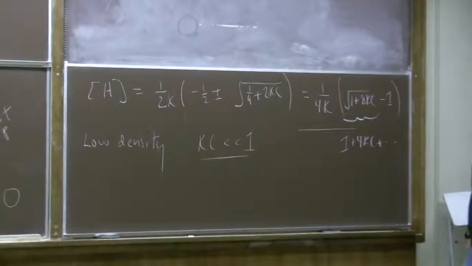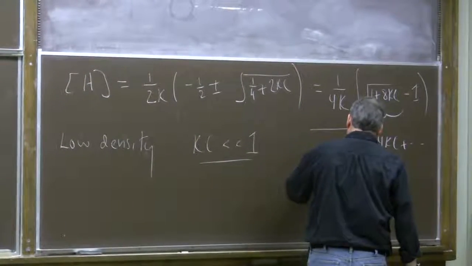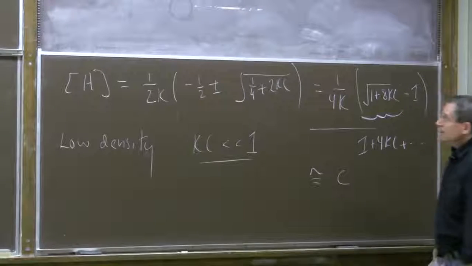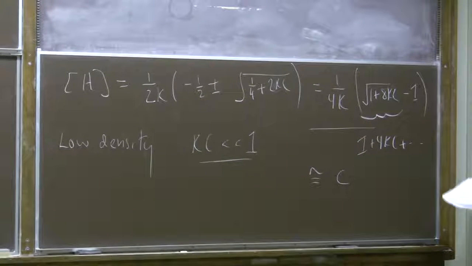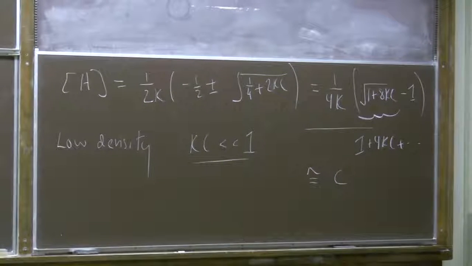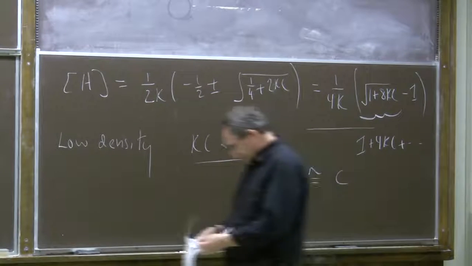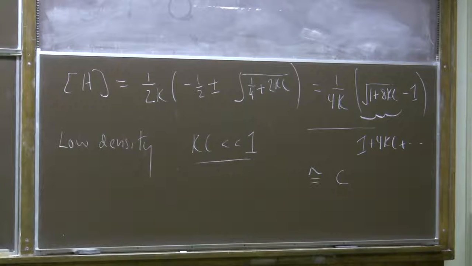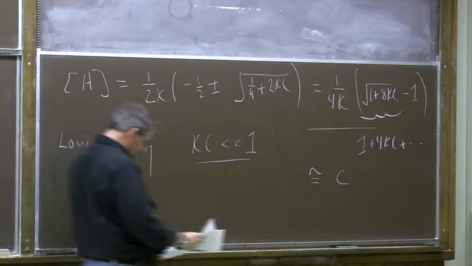So then when I divide by 4K, it's just approximately C. So low density means we have very little molecular hydrogen. It's almost all atomic hydrogen. But if we want to find the amount of molecular hydrogen, we can go back to the law of mass action.